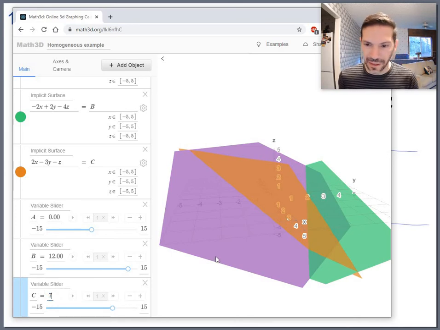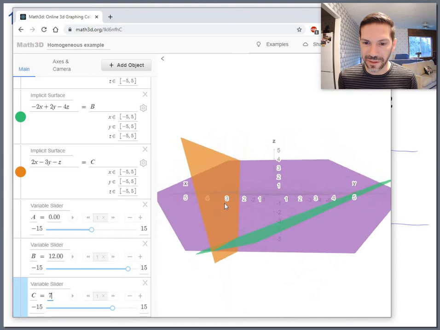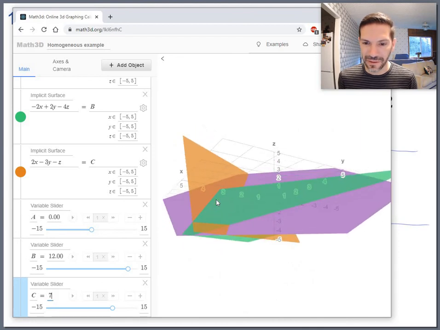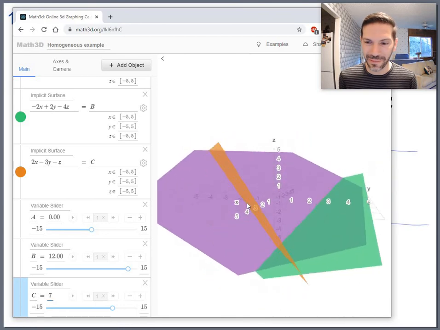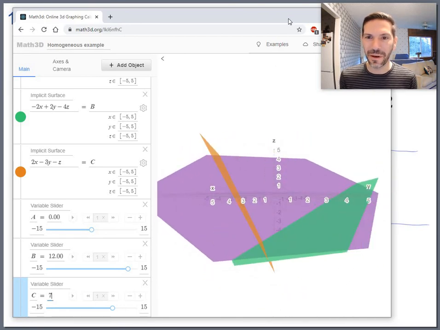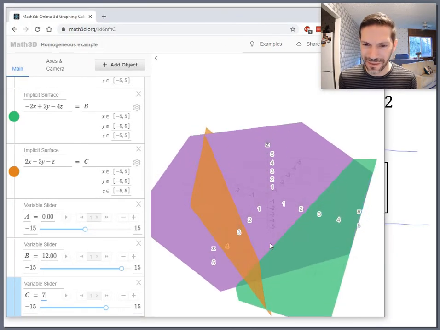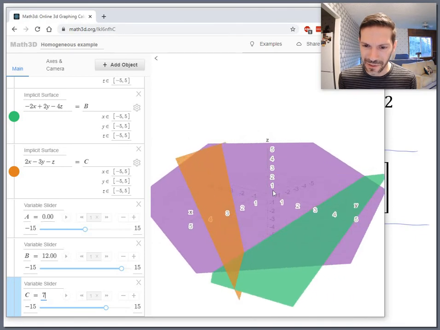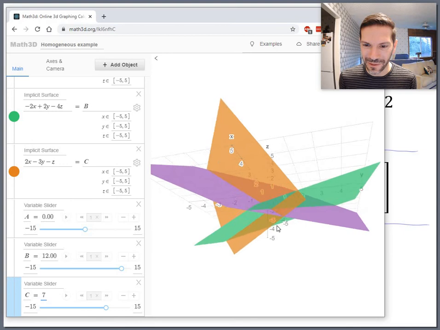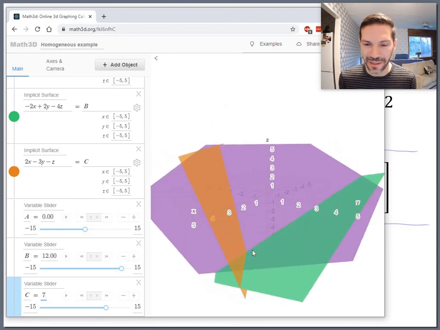Okay, so you can see there's a different intersection point right about there where all three of those planes meet. We happen to already know what that intersection point is. It was 3, 1, negative 4. A little bit hard to see in 3D, but there's the x-axis, so there's 3, the y-axis 1, and then the z-axis negative 4, drops us down right about to that spot.